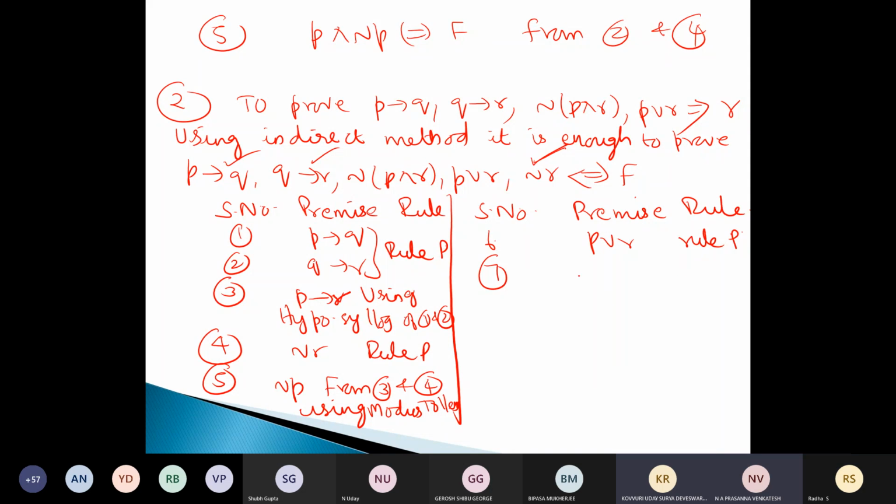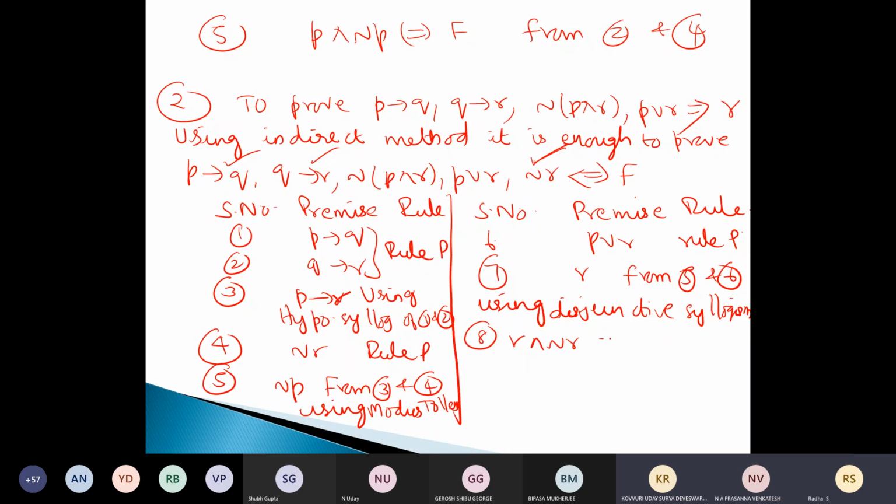Disjunctive syllogism. So R from 5 and 6 using disjunctive syllogism. Okay. Then, could you see any contradiction here? Not R and R. 4 and 7. R and not R. Hence proof.